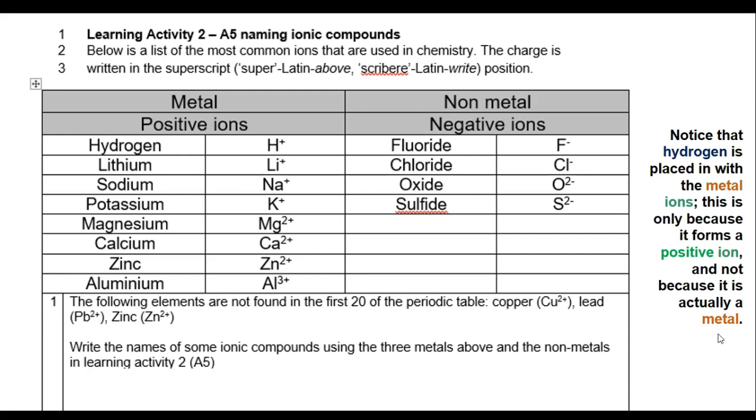So what you need to do is have a look at those three elements and then try and combine those with some non-metals in the table to make some ionic compounds. Remember that the name of the metal comes first and then the name of the non-metal comes second. Make sure that you pause the video to give yourself enough time to answer this question.